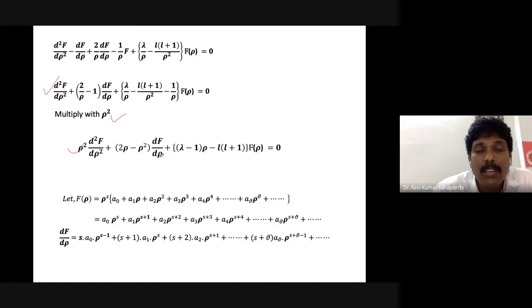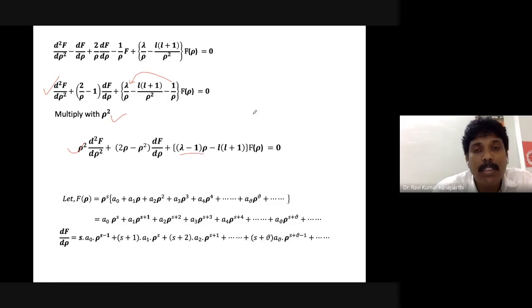Then here you can combine these two terms, that is lambda minus 1 upon rho, and now you are multiplying with the rho square.